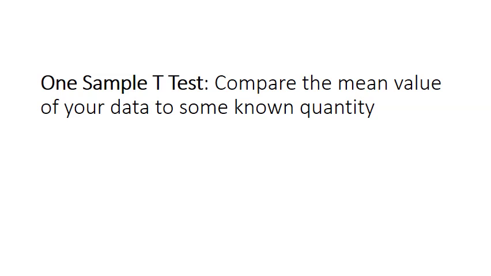So the next real stats test, and I don't know what questions you all have, but here are some basic tests that will probably give you some kind of preliminary answer for whatever question you're asking. The first test we'll go over is a one sample t-test. This kind of test compares a mean value of your data to some known quantity.